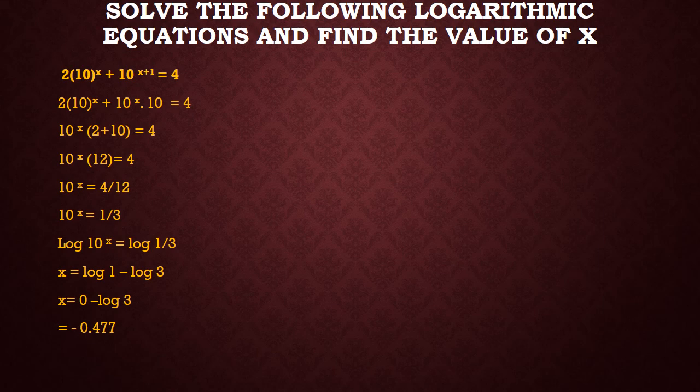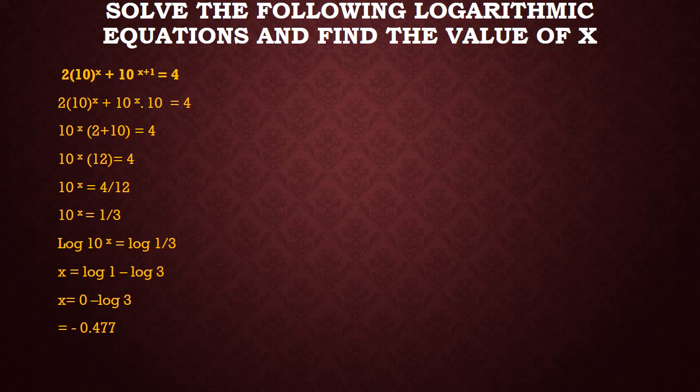So the next equation is 2 multiplied by 10 raised to the power x plus 10 to the x plus 1 is equal to 4. Simplify it further and you get 2 multiplied by 10 to the x plus 10 to the x multiplied by 10 is equal to 4. 10 to the x is common and we are taking it common outside the bracket, and 2 plus 10 we have within the brackets, and so 10 to the x multiplied by 12 is equal to 4, and 10 to the x is equal to 4 over 12.